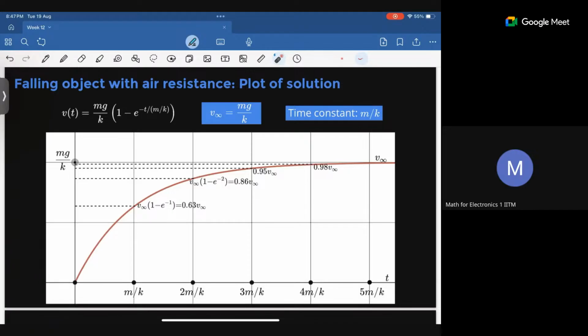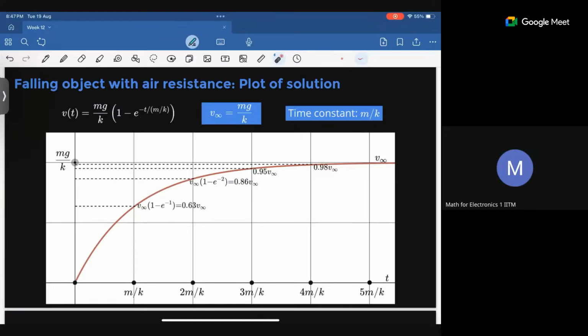And all these things we can get by substituting t equals m by k, 2 m by k, and so on. So here you can substitute, yeah, 1 times m by k it should be.